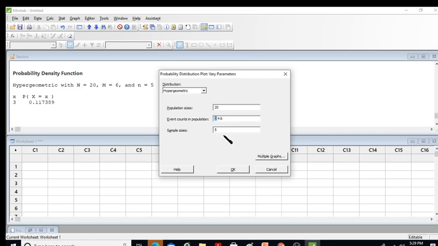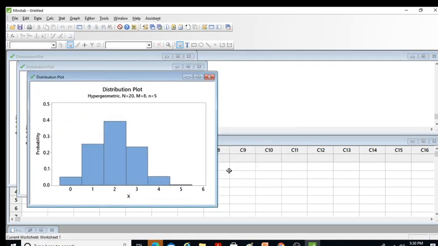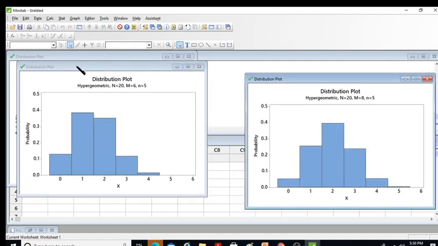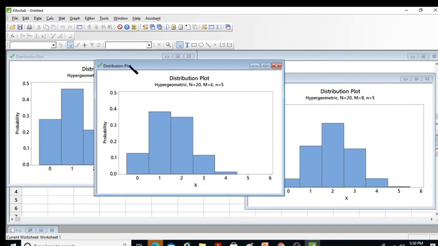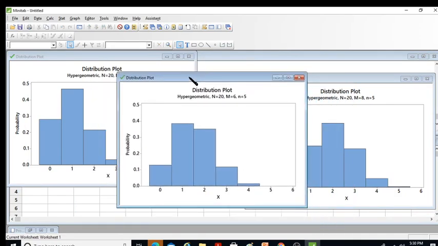Or maybe I forget about 2 and go with 4, 6 and let's say 8. So I can have 3 different graphs on separate graphs. The good way is to compare all these 3 graphs.